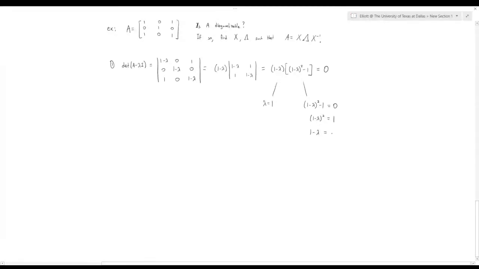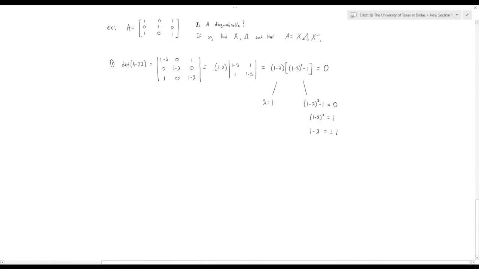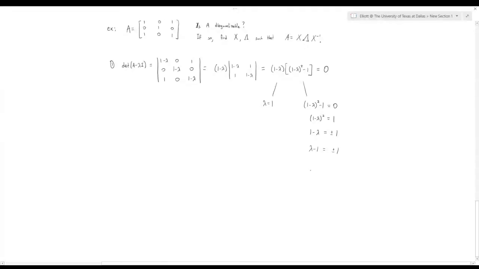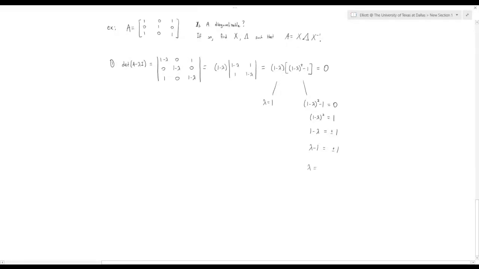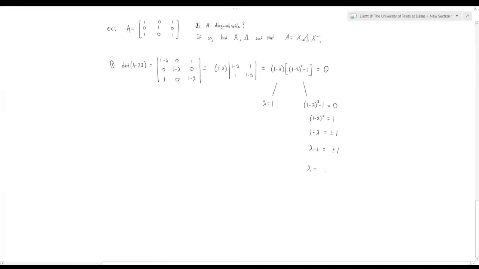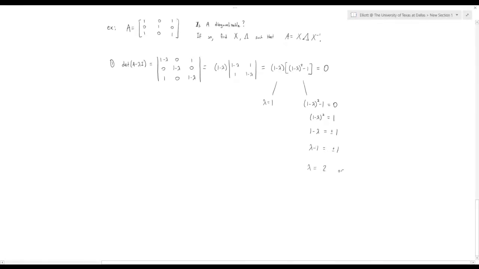We're going to get 1 minus lambda could be plus or minus the square root of 1. Let's multiply both sides by negative. So lambda minus 1, and when you multiply by negative, it's still two possibilities of plus or minus 1. And then when you add 1 to the other side, it could be 1 plus 1, or it could be 1 minus 1, which should be 0. Okay, so for this matrix, it has eigenvalues of 1, 2, 0.